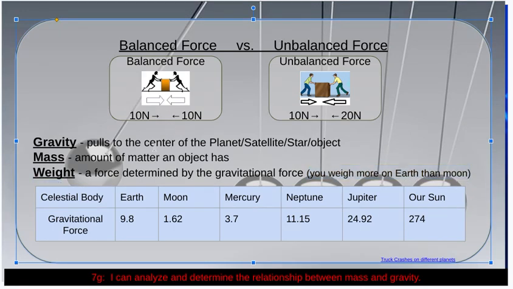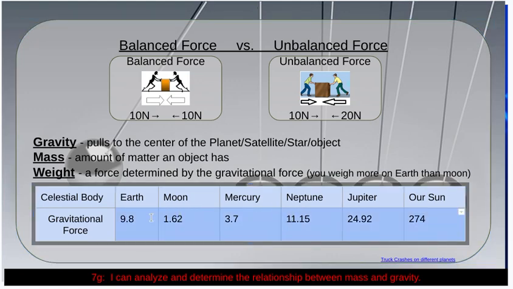Okay, so we've got gravity, mass, and weight. Go ahead and look up what the gravitational force is on each of these planets. Try not to cheat and use what I had down there. You can just use Google.